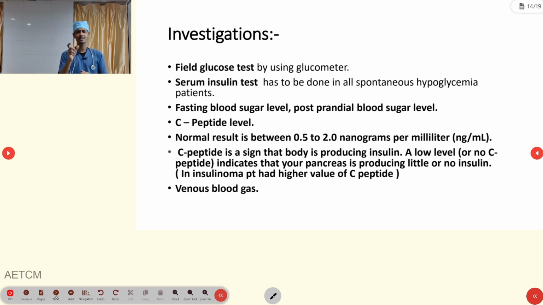The level will be 0.5 to 2 nanogram per milliliter. If the level is too high, your body is secreting too much insulin. If the level is too low, your body is secreting minimal insulin. So that is the marker, C peptide level. And then as usual you have to do the FBS and then postprandial blood sugar also.